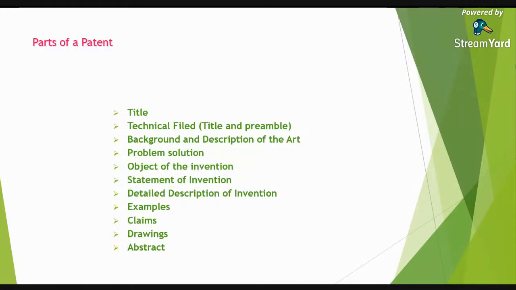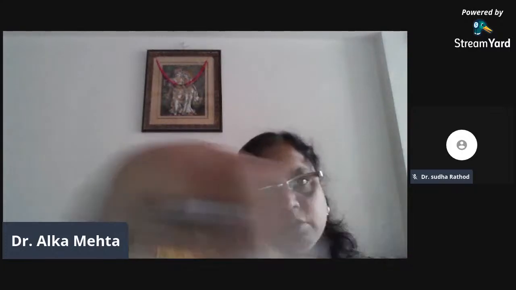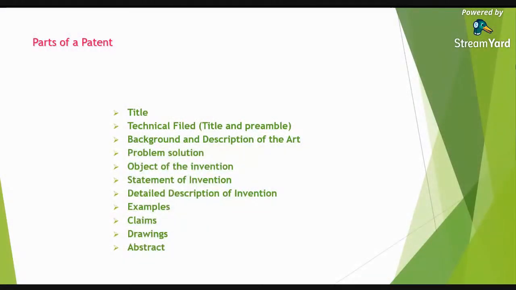The statement is something which marks the actual claim or actual fence of your invention. I can compare it with the fence of my house. Like my house is 10 acres, plus you have 100 yards of garden space, so that's the fence of my house.